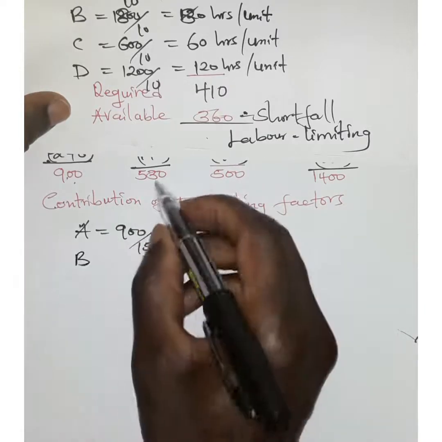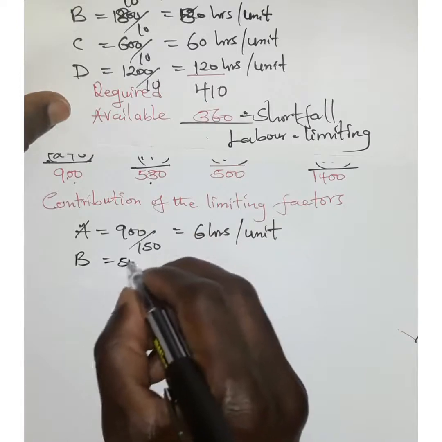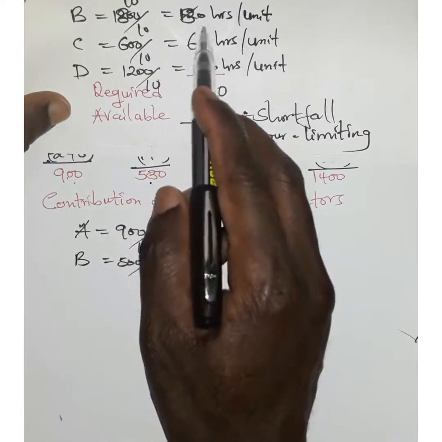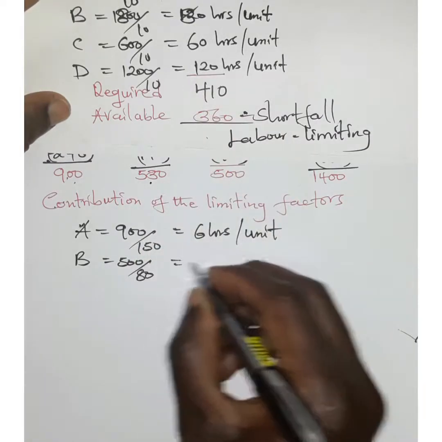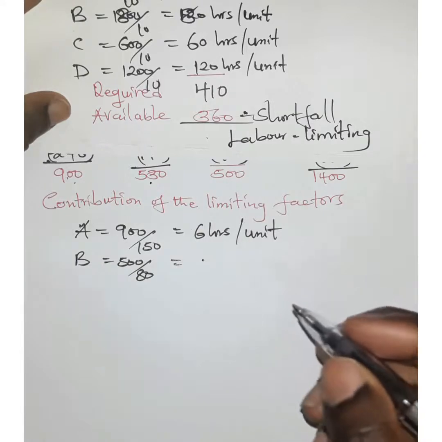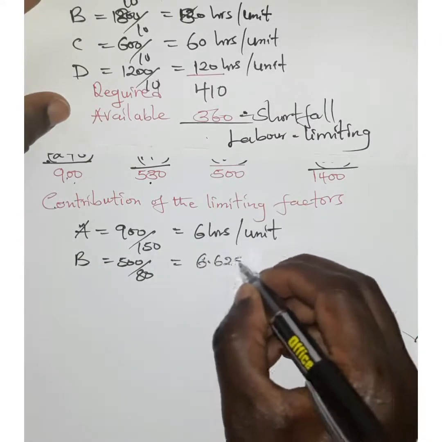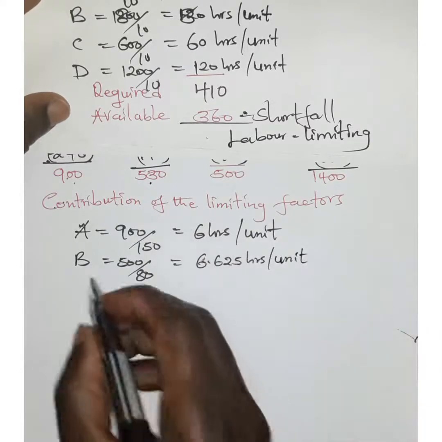For B, it will be 500 divided by 80. You get a value of 6.625 hours per unit.